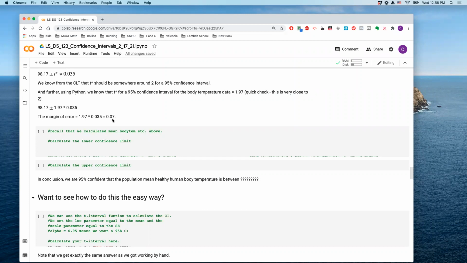So if you were writing about this in a newspaper article, it would say we estimate that in 1997, the true mean healthy human body temperature is 98.2 degrees, asterisk, and then at the bottom it would say asterisk plus or minus 0.07 degrees.